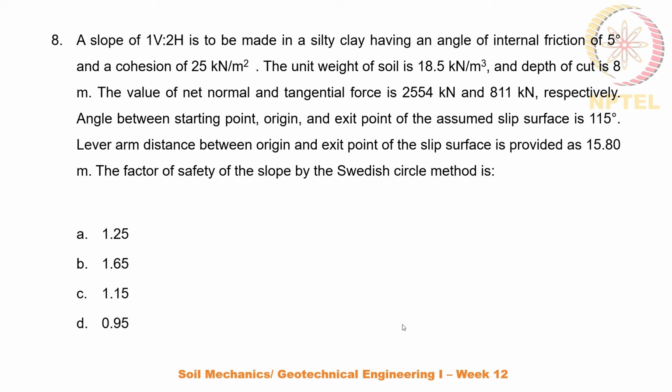Option A 1.25, option B 1.65, option C 1.15, option D 0.95. Which is the correct option? Which is the correct value of factor of safety using Swedish circle method?